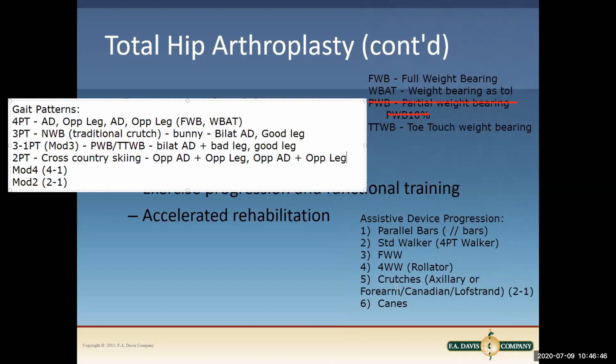This is why I had you remember cross-country skiing. All right. So if I get 2 assistive devices, 2-point pattern is here, here, here, here. That is what it looks like if you're cross-country skiing, if any of you have done it, all right?